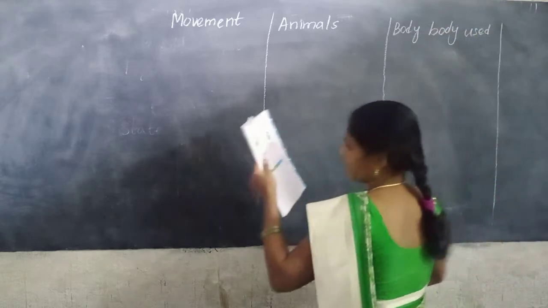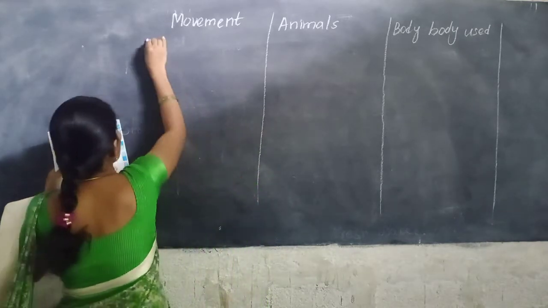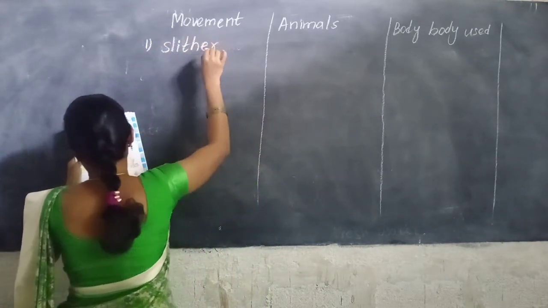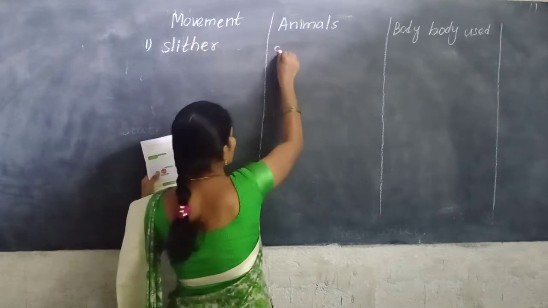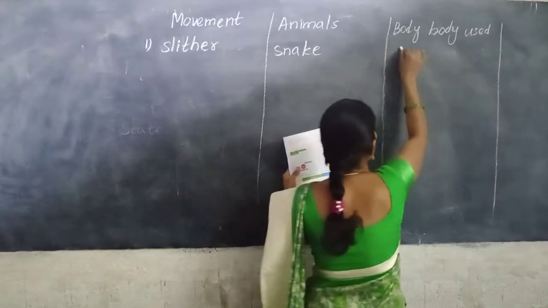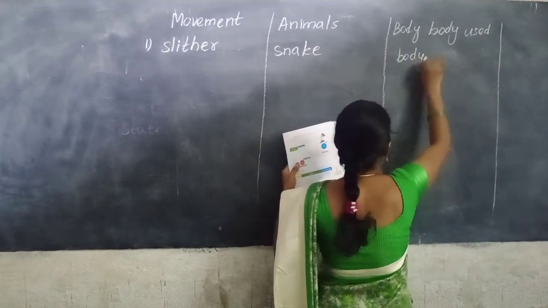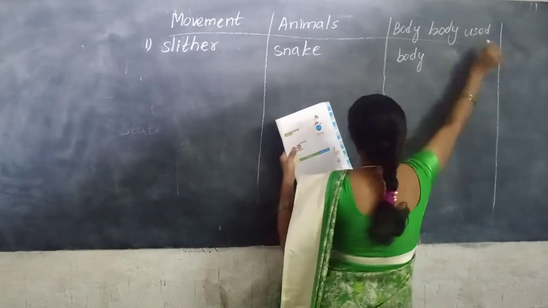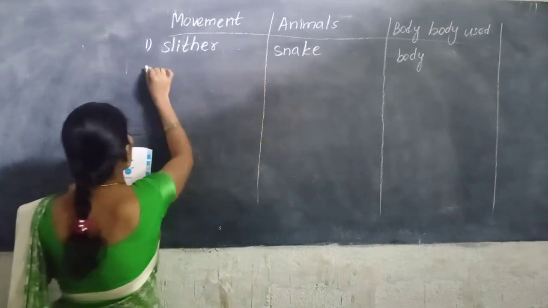Okay. Here, movement. Some slither like snakes. Snakes may slither. Snake uses its body to slither. Next, swim.